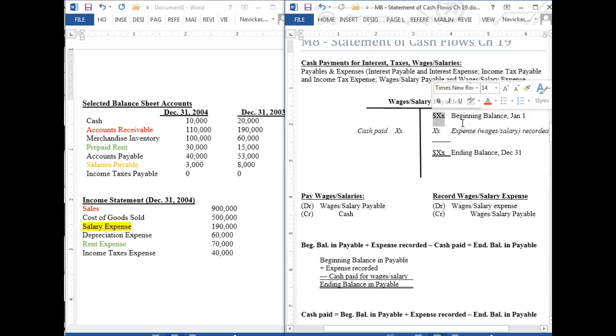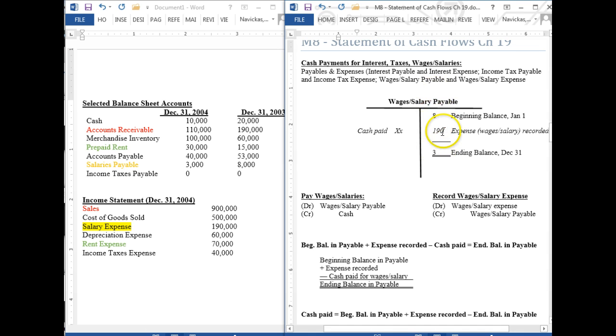So our beginning balance for the salary payable is 8. We end with 3. And so the salary expense, remember we create the expense in the payable. That's an adjusting entry. So the expense is going to be dumped in here. So we grab the expense. The expense is 190.